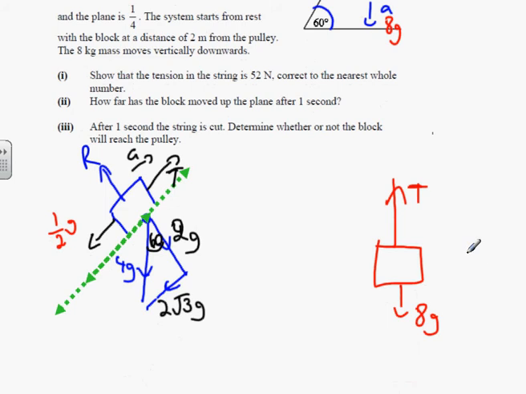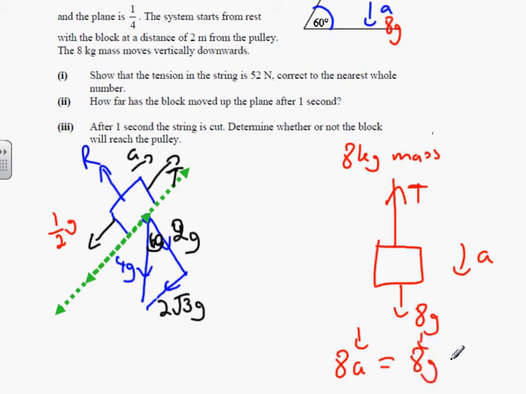Now, we said that it's going down at acceleration A. So therefore, for the 8 kilogram mass, we're going to have 8A going directly downwards. So lads, what goes here? T or 8G? Which one goes first? 8G, because it's going directly downwards. Take away the T, which is going upwards.